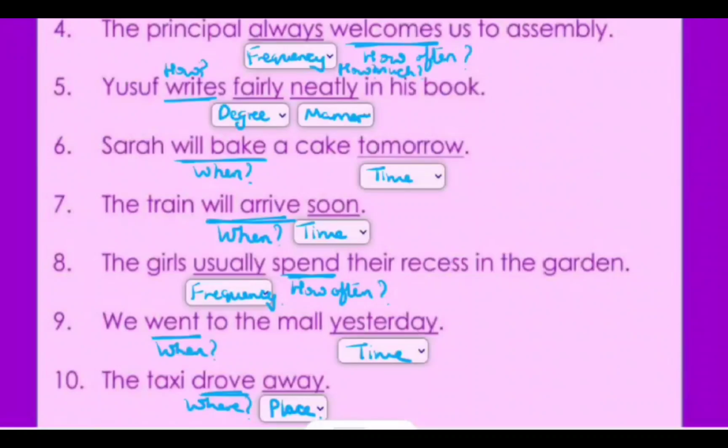And when you get the answer for how much, fairly, very, too much, fairly neatly, that gives you the hint that it is adverb of degree.